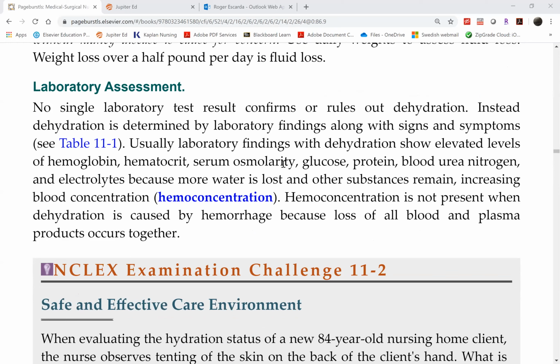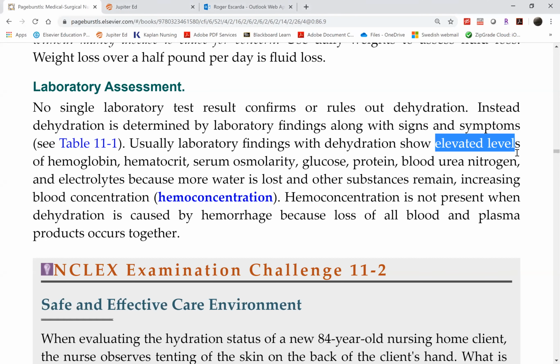So we draw blood from them. What will that blood look like? What will be the osmolarity of the serum? High or low? High. So does it look concentrated or does it look dehydrated? Concentrated. So look at what the lab findings will show.